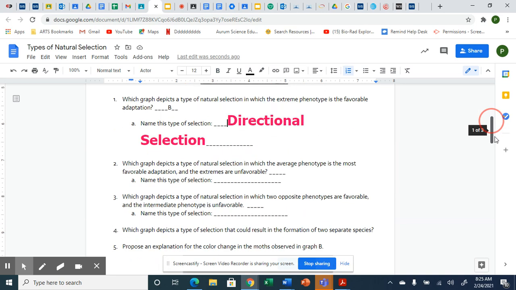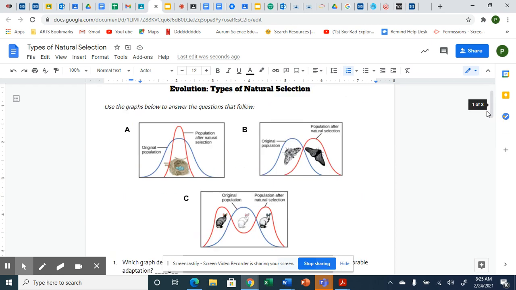Okay, so which graph depicts a type of natural selection in which the average is the most favorable and the extremes are unfavorable? I am looking. Well, I would go with one.